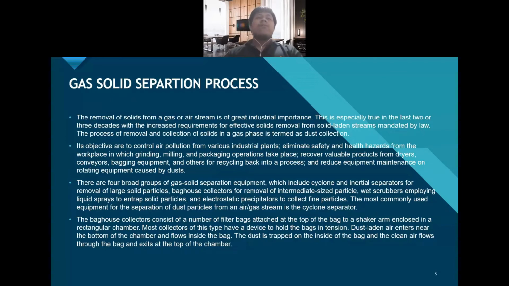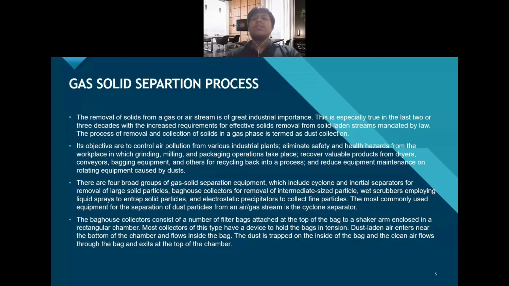There are four broad groups of gas solid separation equipment, which include cyclone and inertial separators for removal of large solid particles, baghouse collectors for removal of intermediate size particles, wet scrubbers employing liquid sprays to entrap solid particles, and lastly, electrostatic precipitators to collect fine particles.